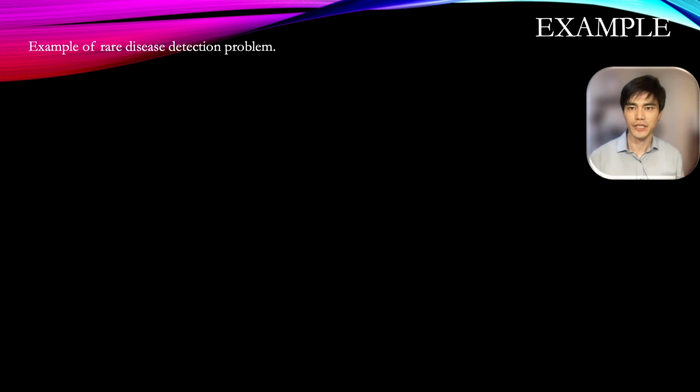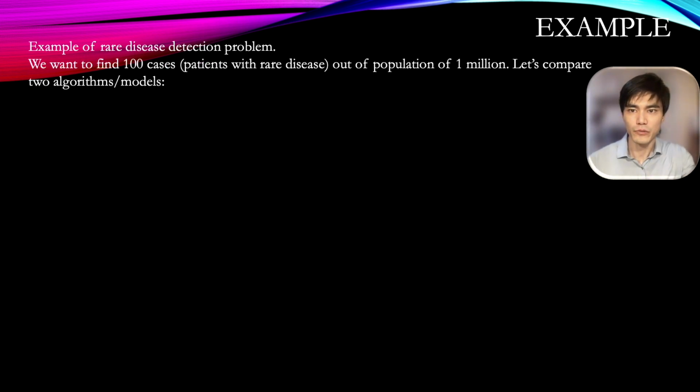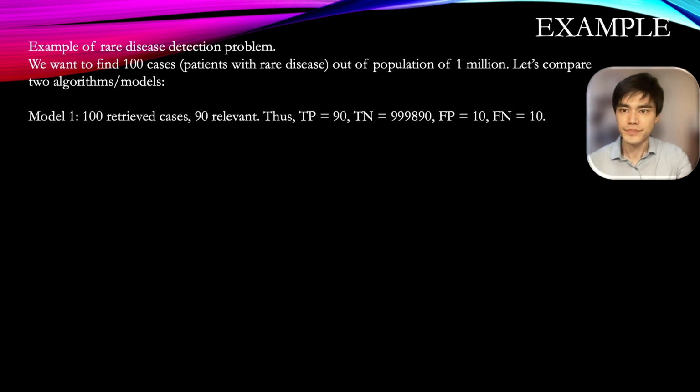So let's say that we have a rare disease that we want to detect, and we want to find 100 cases, patients with rare diseases, out of a population of 1 million. And let's compare two algorithms. Model 1 retrieves 100 cases, and 90 cases were relevant.